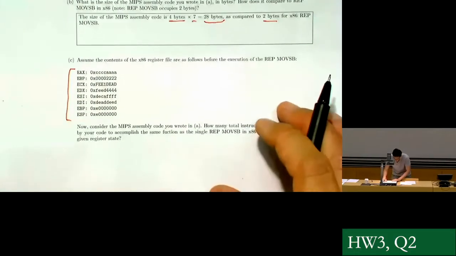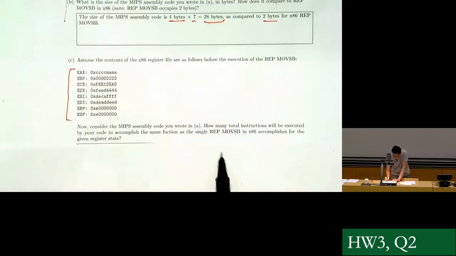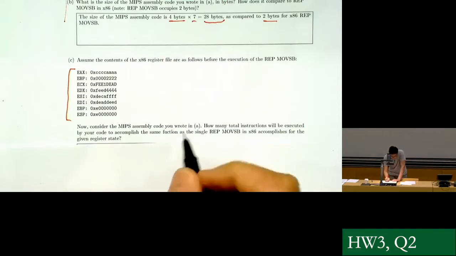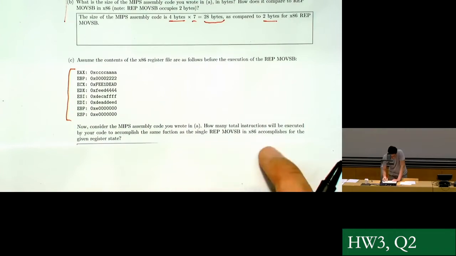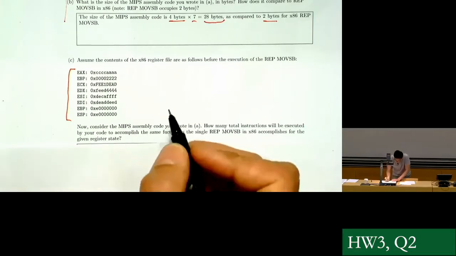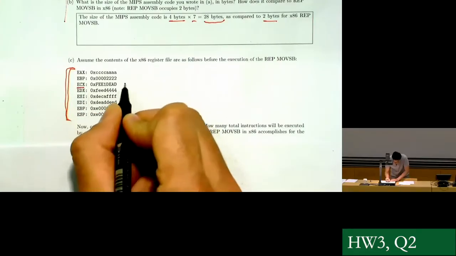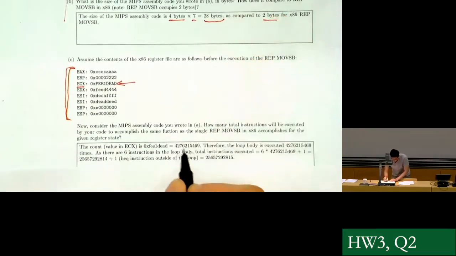And it says, now consider the MIPS assembly code that we have just written here, how many total instructions will be executed by your code to accomplish the same function as the single rep movsb in x86 accomplishes for the given register state. The given register state is this one here, and as you can see, this register ECX has this value. This is hexadecimal representation, but if we convert it to decimal, it is this number here.